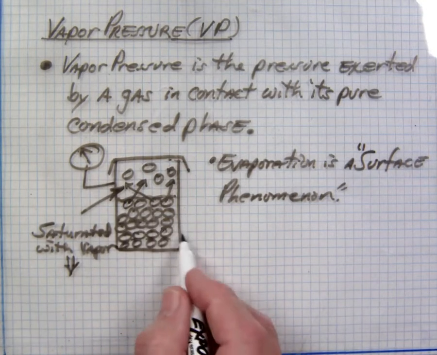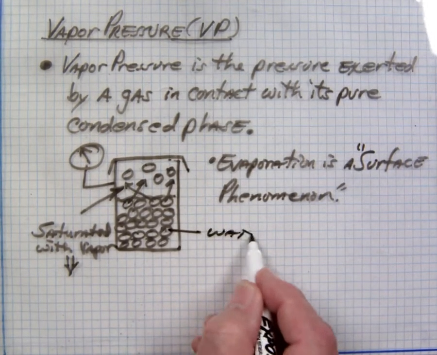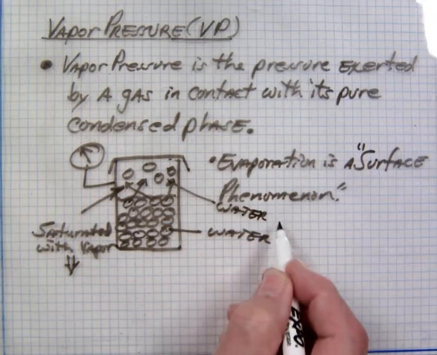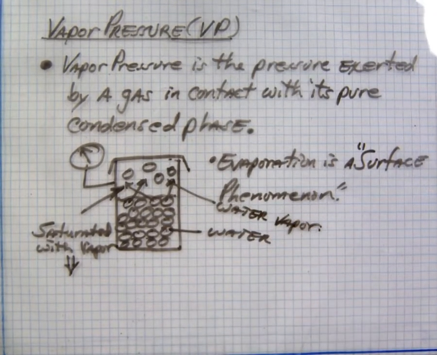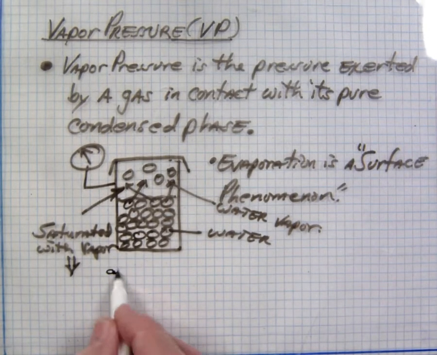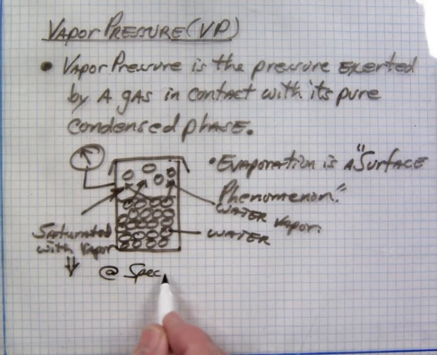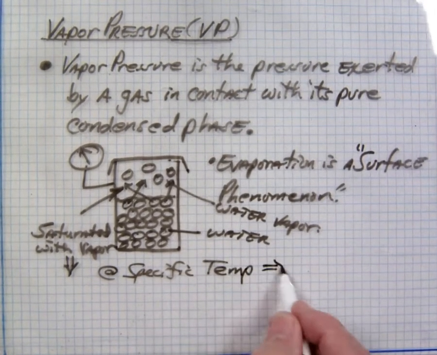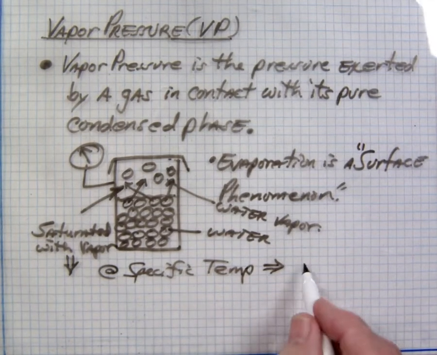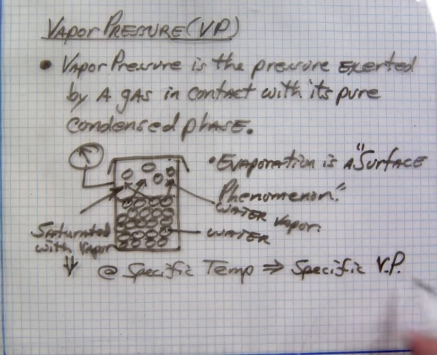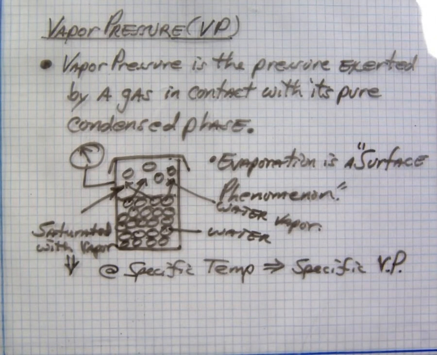If you're talking about water, this would be water vapor. So at a specified temperature, the liquid would have a specific vapor pressure. Now, what happens as the temperature changes?